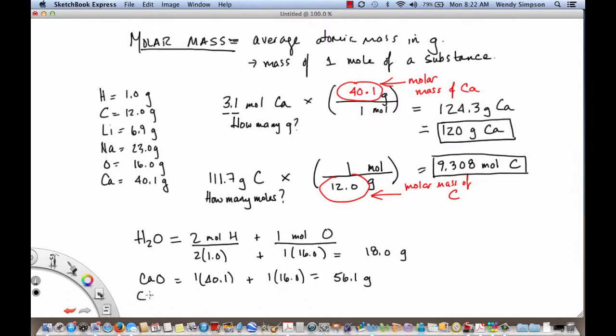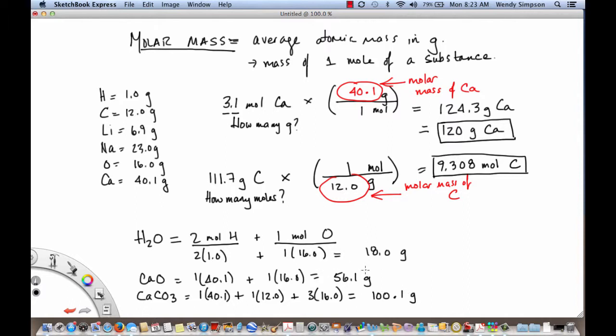If we want to find the molar mass of calcium carbonate, this will equal 1 times the molar mass of calcium, which is 40.1, plus 1 times the molar mass of carbon, which is 12.0, plus 3 times the mass of oxygen, which is 3 times 16, which is 48. And we end up with a molar mass of 100.1 grams.